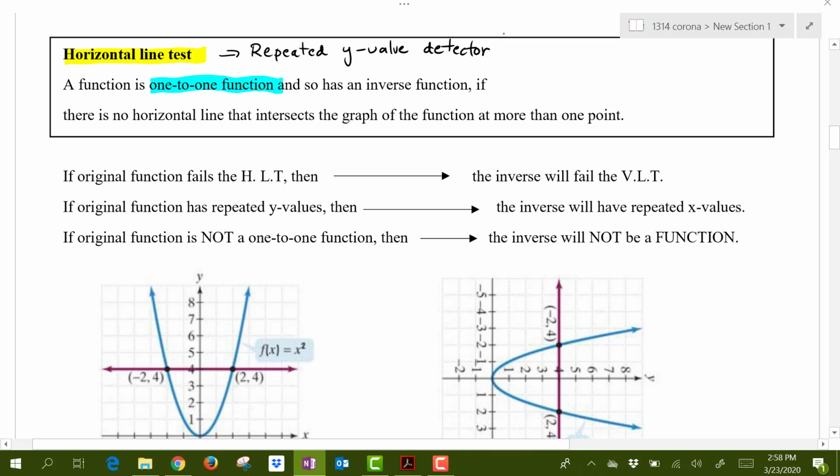For a function to be what we call one-to-one, there are two requirements. For a function to be one-to-one, you can have no repeated x's and also no repeated y's.